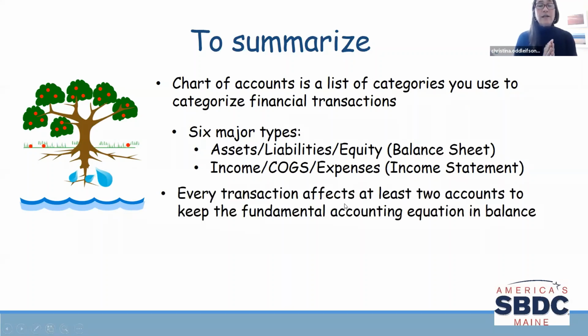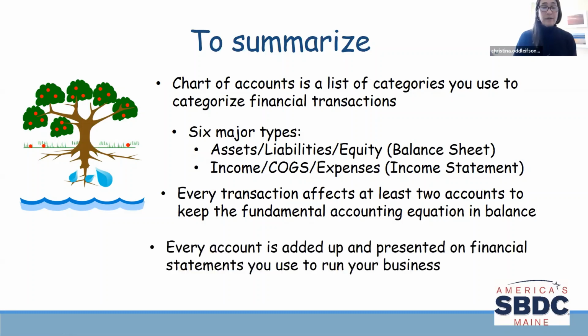Every transaction affects at least 2 accounts to keep that fundamental accounting equation in balance. And then ultimately every account gets added up and then it gets presented on one of the financial statements, the balance sheet or the income statement, and then the cash flow statement just borrows from those 2 other statements.